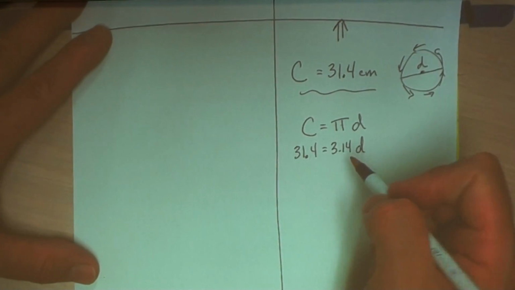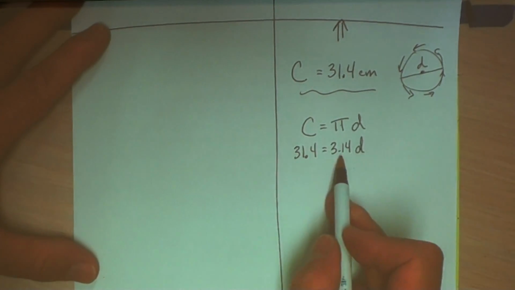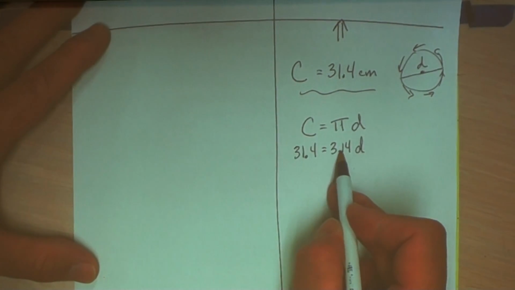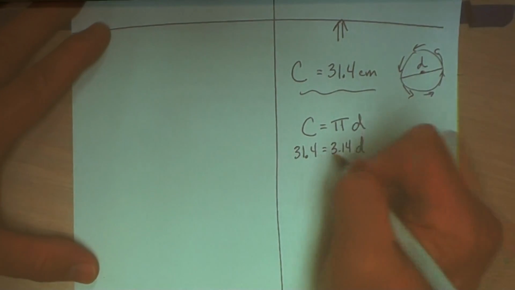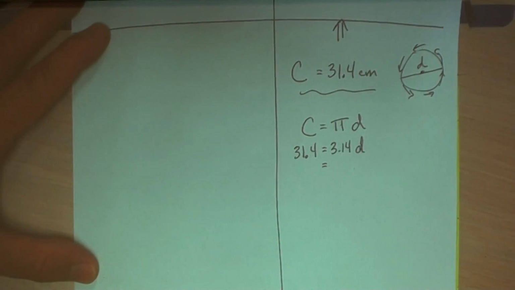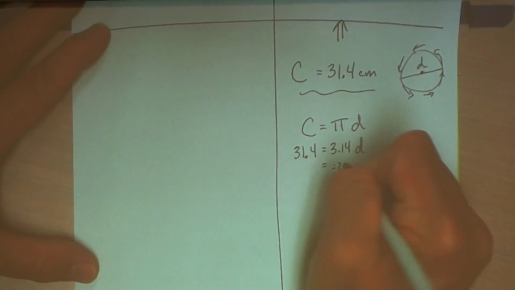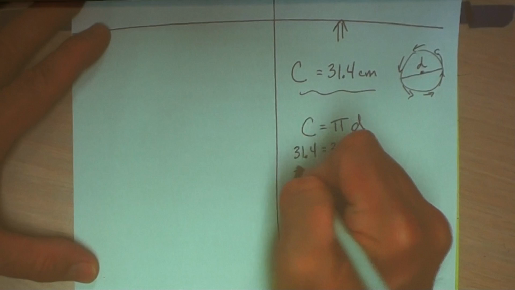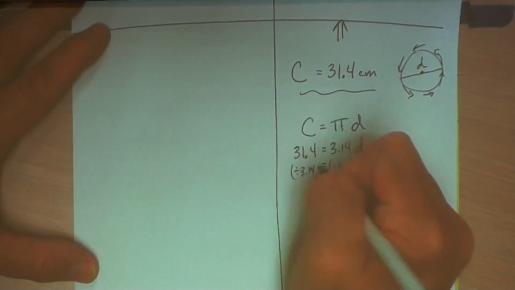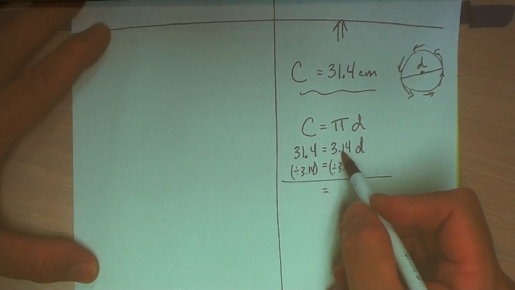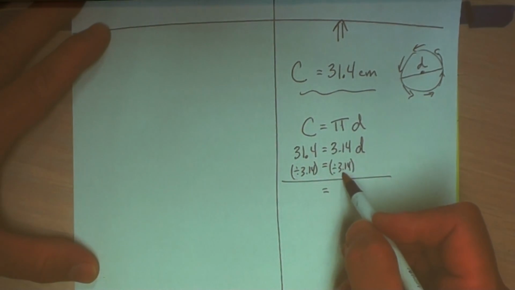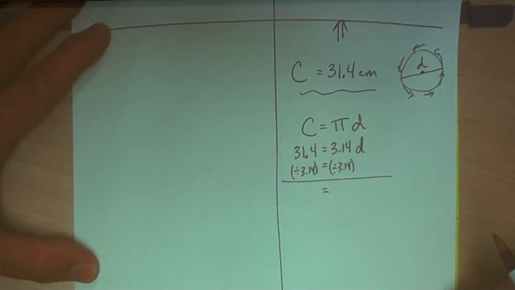In this case, step 3, in order to do the math, in order to eliminate multiplication, we will use the inverse operation of division. On both sides of the equation, because it is an equation, we will divide by 3.14, the coefficient of the variable. 3.14 divided by 3.14 is 1.